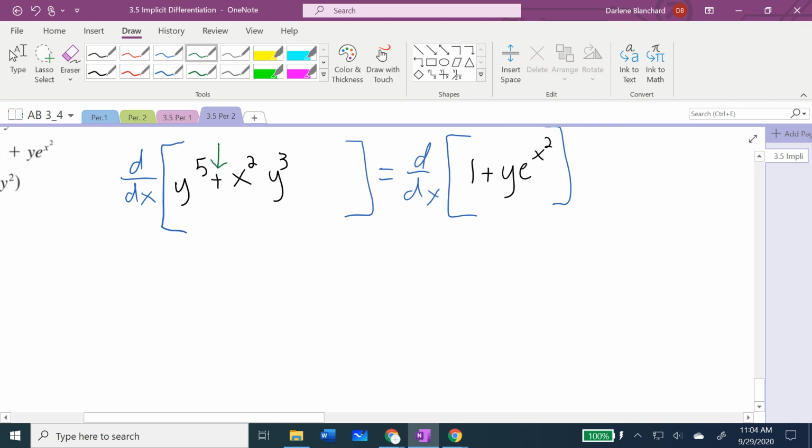Over this addition sign, I differentiate separately. I look at y to the fifth. That does not have the variable I'm differentiating with respect to, which is x. So I'm going to have to chain rule this. And I need to look at y as a baby function.